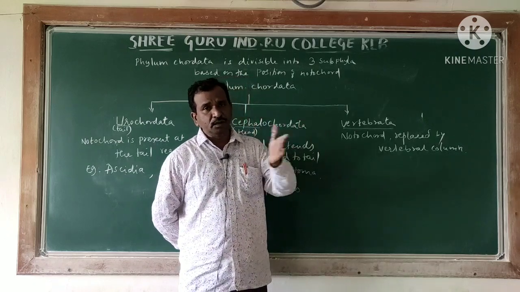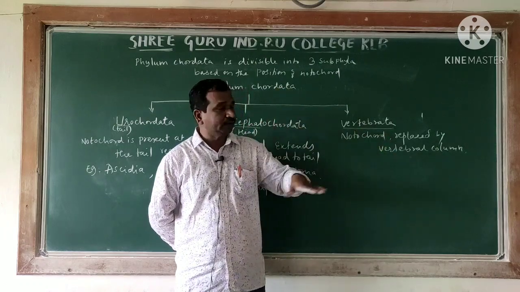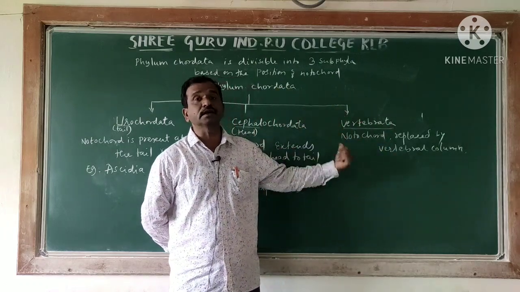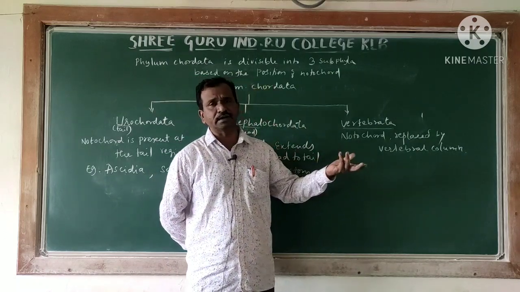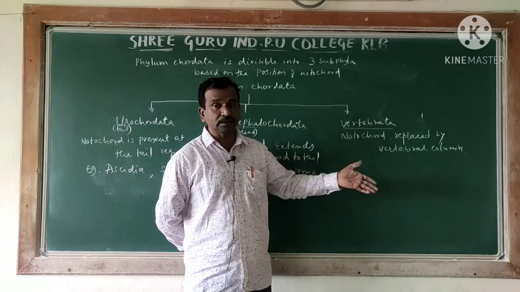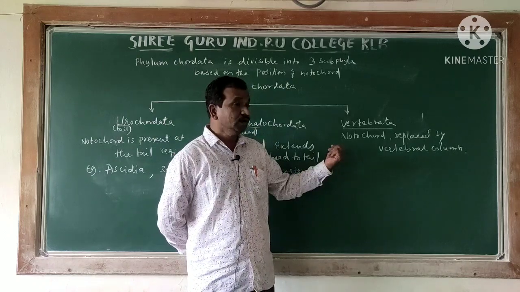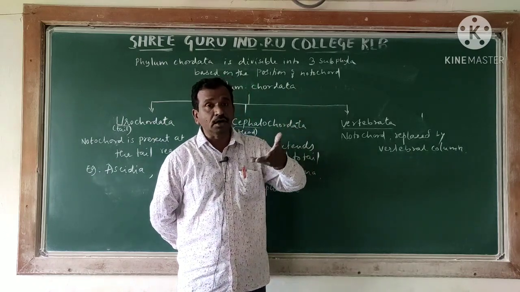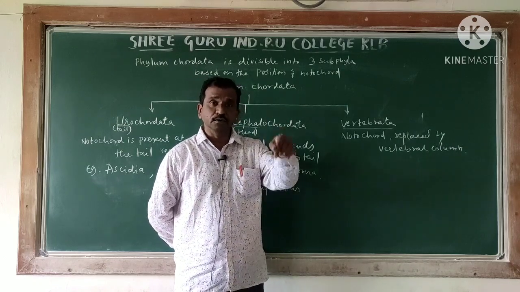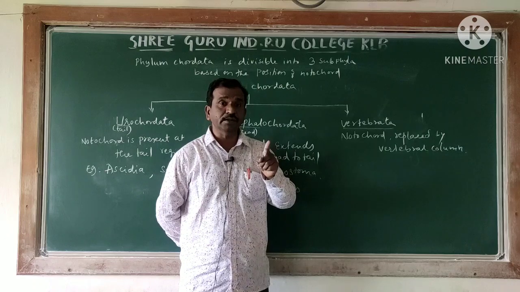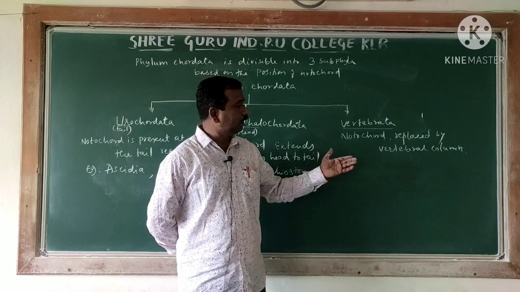Okay, this is done. What we have studied, triploblastic and all those that are similar, not necessary to write. All these systems are going to be in an advanced condition. Sexes are separate. This is a unique character because male and female are separate, only in vertebrates you can see that. Right. Where do you find first time in the animal kingdom organ system grade of organization? Aschelminthes. Where do you find first time closed type of circulatory system in the animal kingdom? Annelida. So like that we have to remember, only those questions are going to be asked.